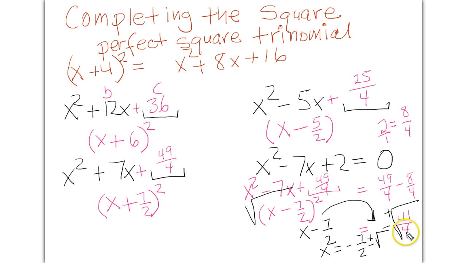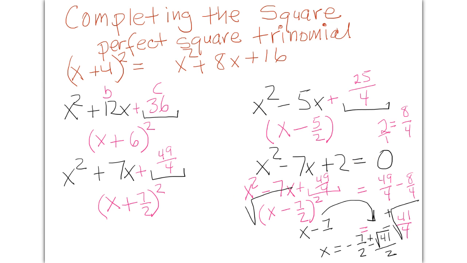Now I can take the square root of 4, that's going to be 2, and I'm just left now with the square root of 41, and I have solved this equation, and there's no square there. Let me erase that part here. X equals -7 halves plus or minus the square root of 41 halves.